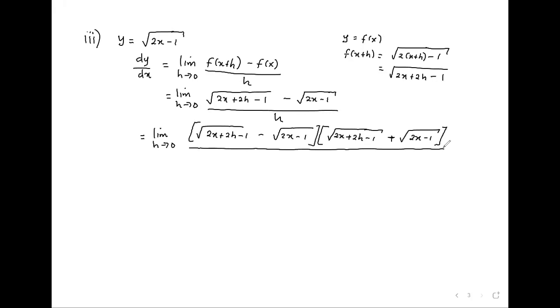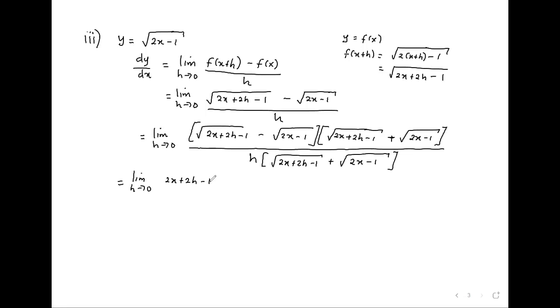Divided by h, the root of 2x plus 2h minus 1 plus the root of 2x minus 1. So that we get the limit as h goes to 0. Root by root, if the things inside are the same, we just get the things inside. And since they are positives, we don't need brackets.